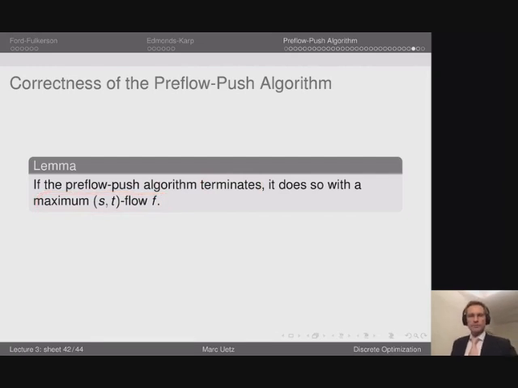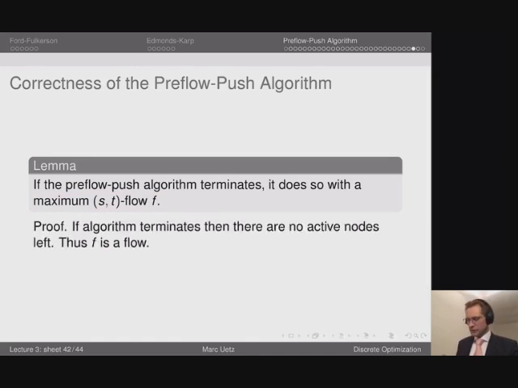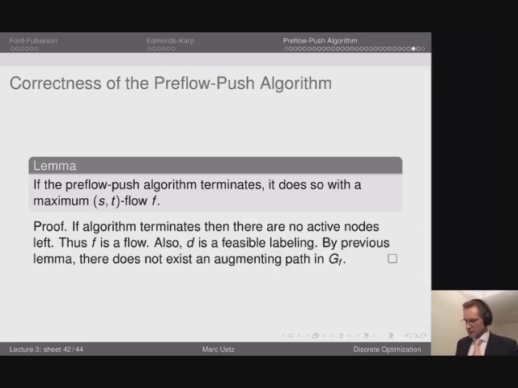That is true because the termination is triggered by the fact that there are no more active nodes, and that means our preflow has turned into a flow. And then the previous lemma is immediately the optimality proof for that flow, since it implies that we do not have any augmenting path anymore in the corresponding residual graph. So once again, if the algorithm terminates, then it does so with a maximum flow, and we are fine.